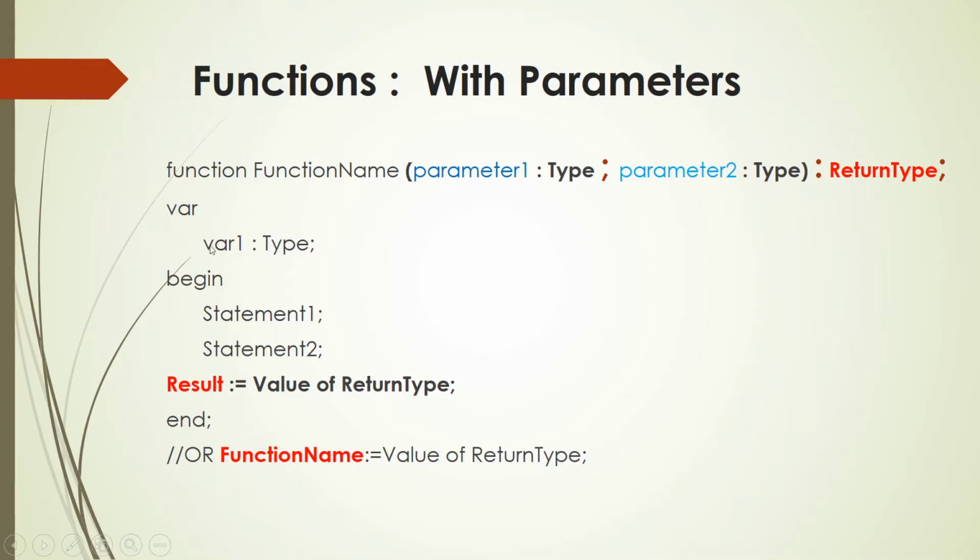So your variable section of your function, the statements that are being executed in this function, and then the value that's being returned is returned by using the reserved word result, or you can return it by using the name of the function. Again, remember that a function returns a single value and a function always has a return data type.